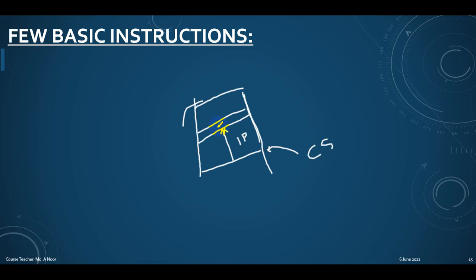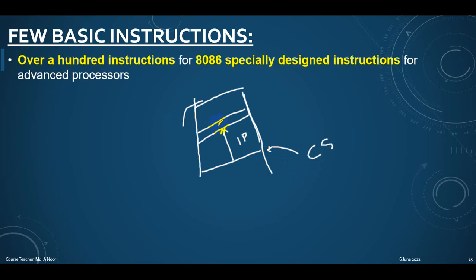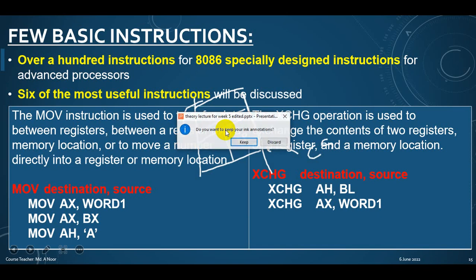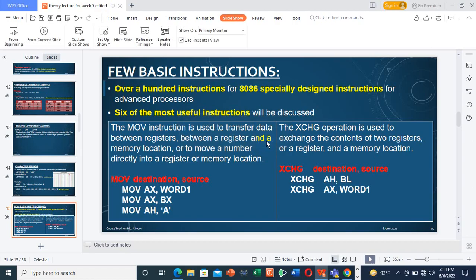So how does it work? Code segment and IP work together. Code segment holds the starting address, and at the offset of IP, you get the instruction. So let's go over here.